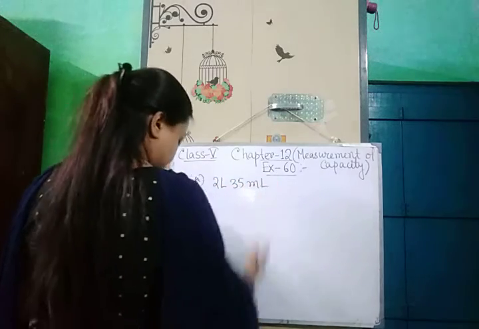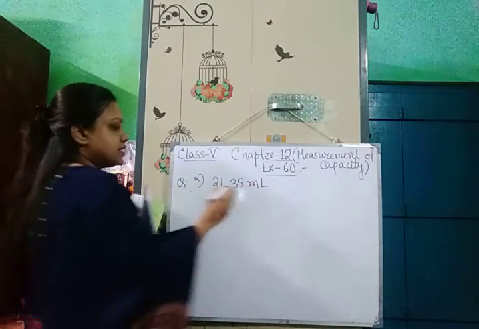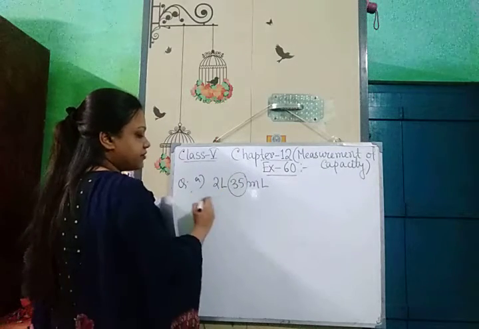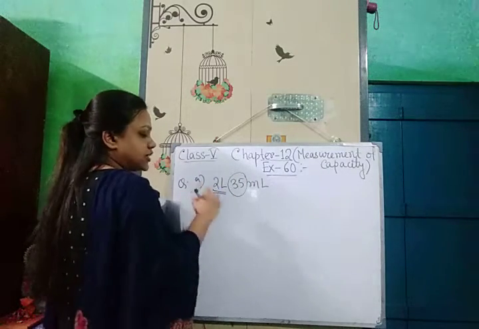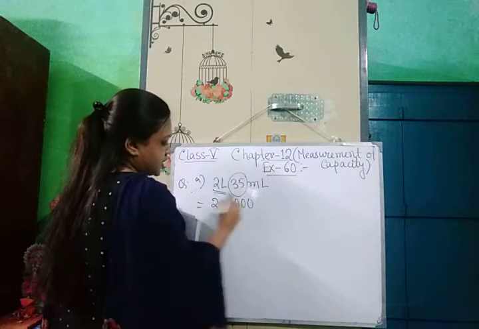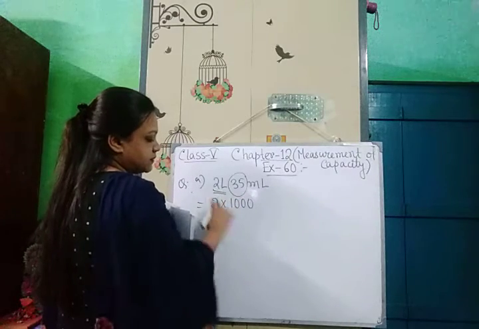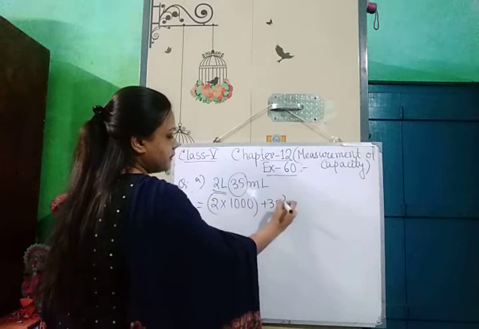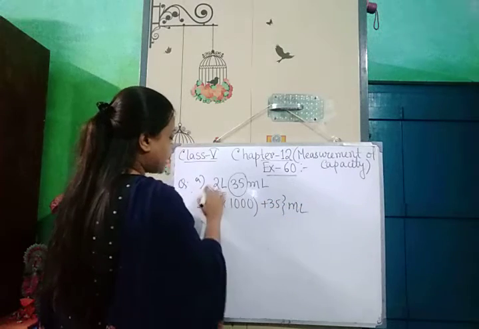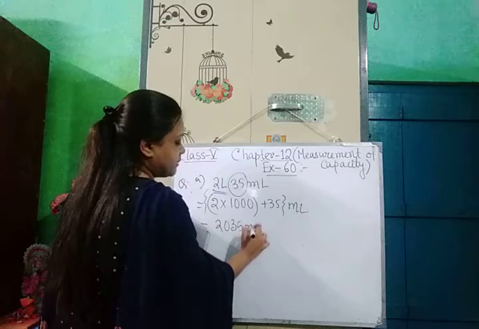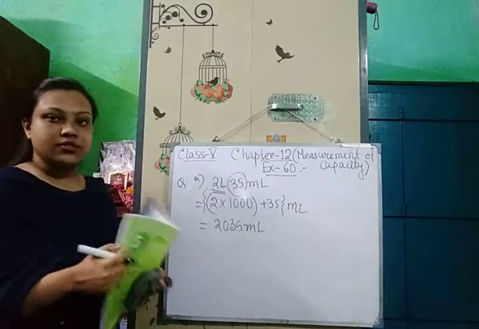We have to convert the whole thing to ml. See, 35 is already in ml. We will not do anything with 35, but we will convert this 2 liter to ml. So it will be 2 into 1000 ml, liter to ml means multiplication by 1000, plus 35 is already in ml. So 2 into 1000 plus 35 means 2035 ml is the required answer. Hope this is clear.